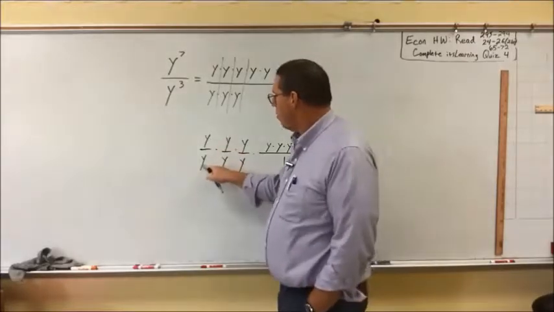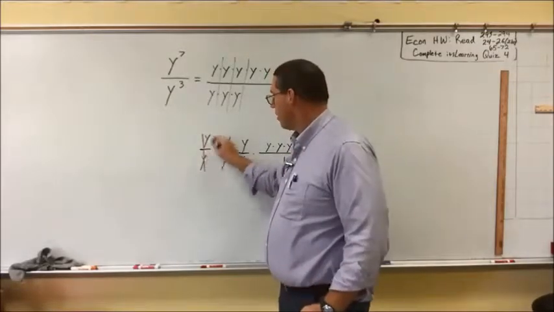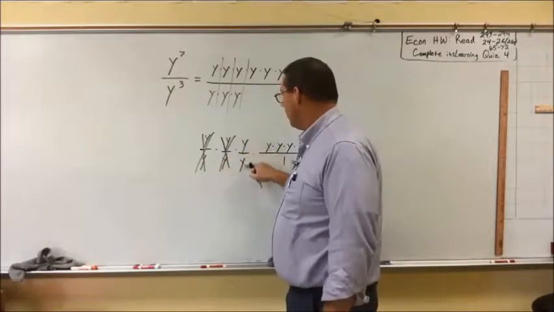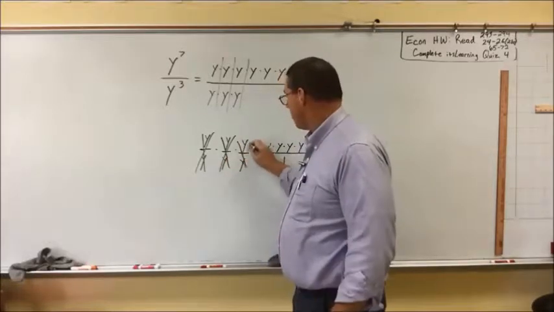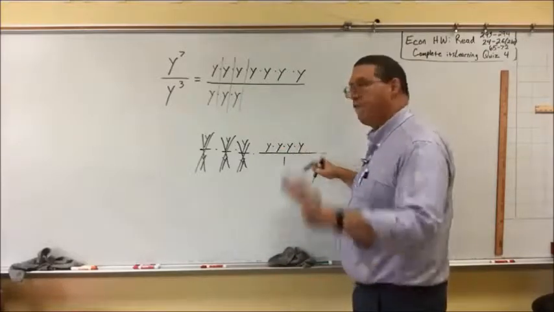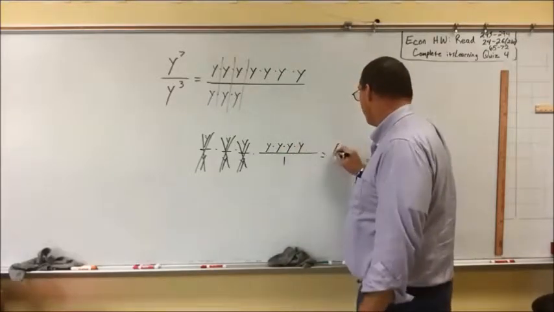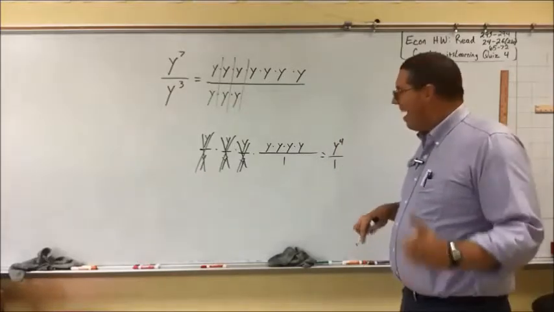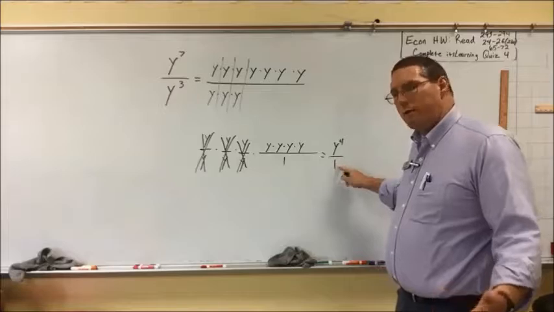Well, y divided by y, that's 1. So this actually cancels out. And y divided by y, that cancels out. Y divided by y is 1, so that cancels out. And all we have left now are 1, 2, 3, 4 y's in the numerator. So that's y to the 4th power divided by 1. And anything divided by 1 is itself.